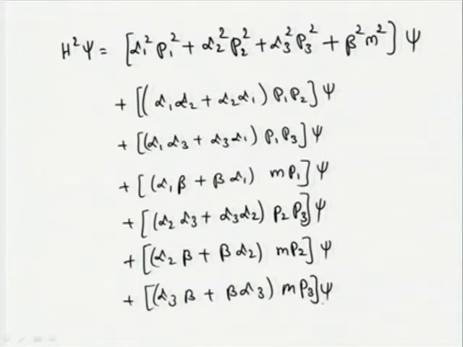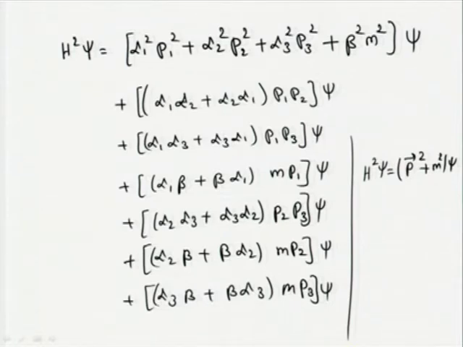Now, let us look at the energy momentum relation, let me write it here again, equation 2 that we had written earlier. H square psi is equal to P square plus M square psi. That is equal to P1 square plus P2 square plus P3 square plus M square psi.